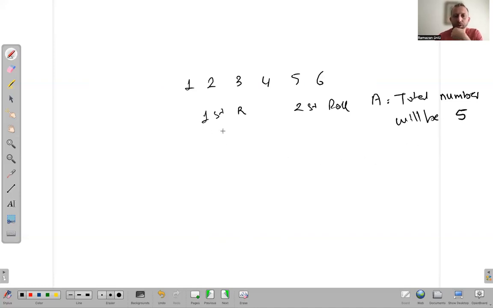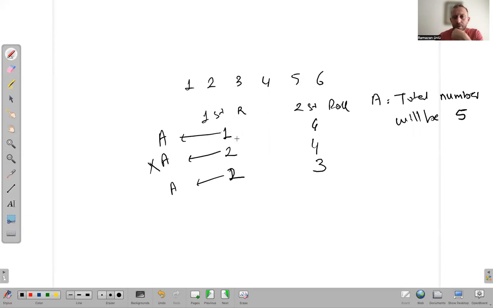For example, if this is 1 and this is 4, these results will be in A. If this is 2 and this is 4, this will not be in A. And if this is 2 and 3, this will be in A.